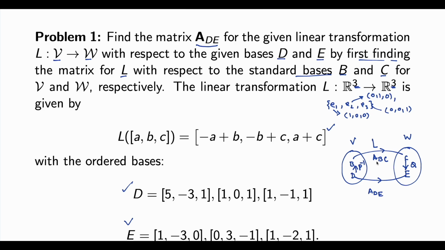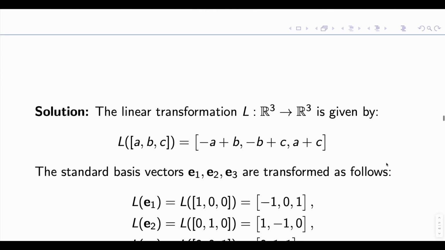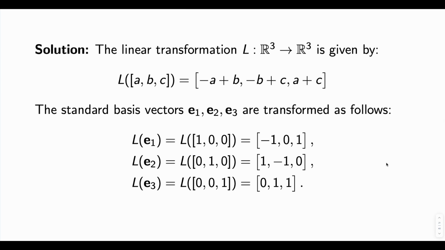Okay. So A_BC. How do we find A_BC? Let us see. Since the linear transformation is given by this, and the standard basis vectors we already know are e1, e2, e3, and they are transformed, so the transformed vectors are L(e1), L(e2), L(e3).